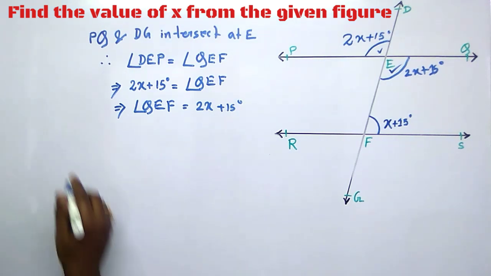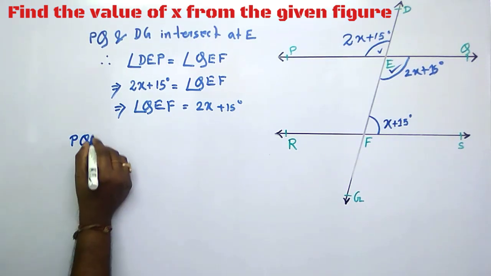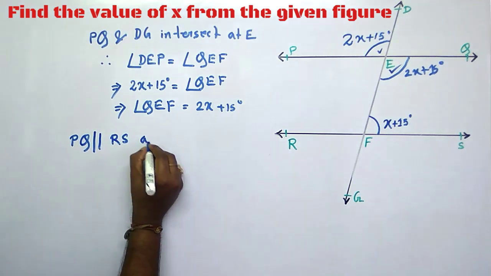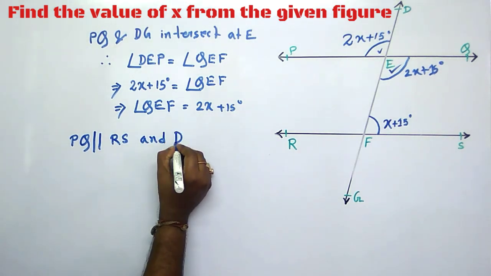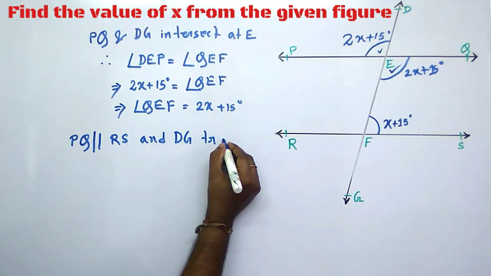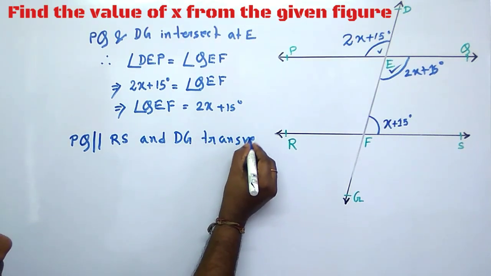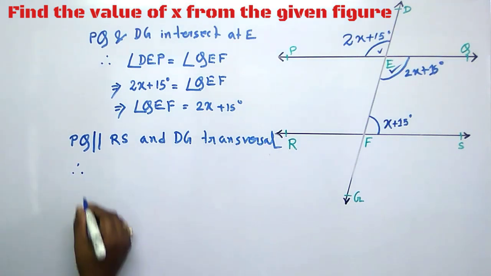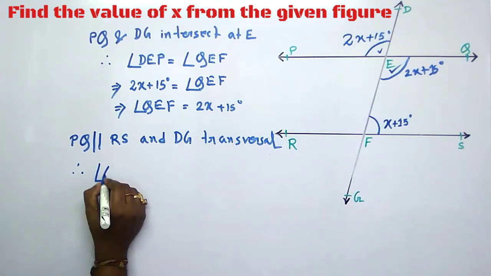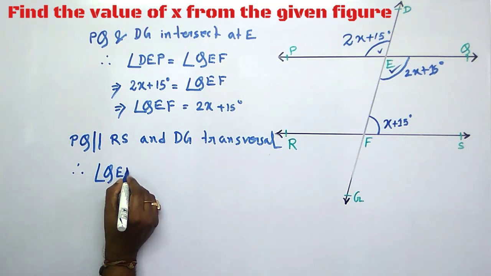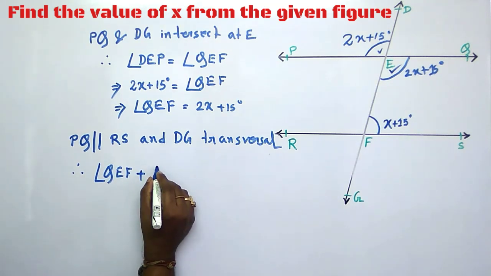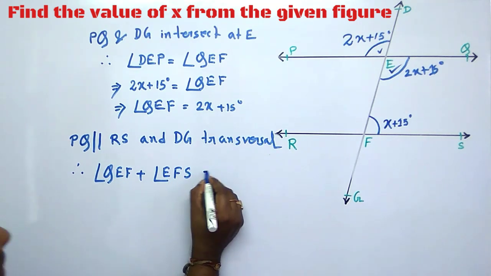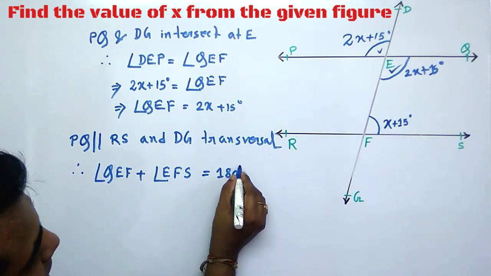So first we will write here: PQ parallel RS and DG transversal. Therefore, angle QEF plus angle EFS equals 180 degree.